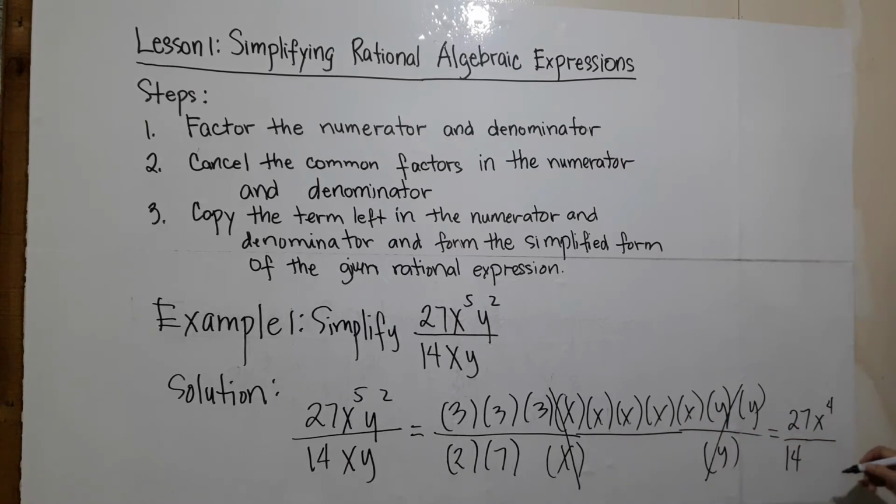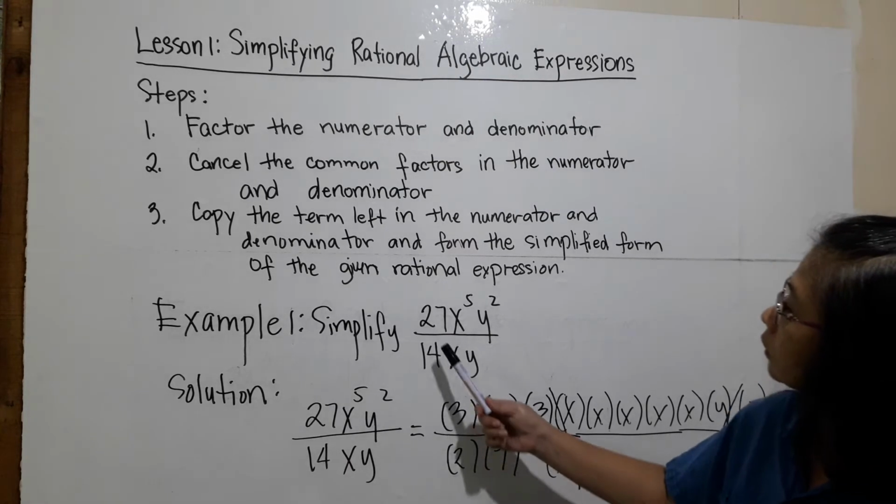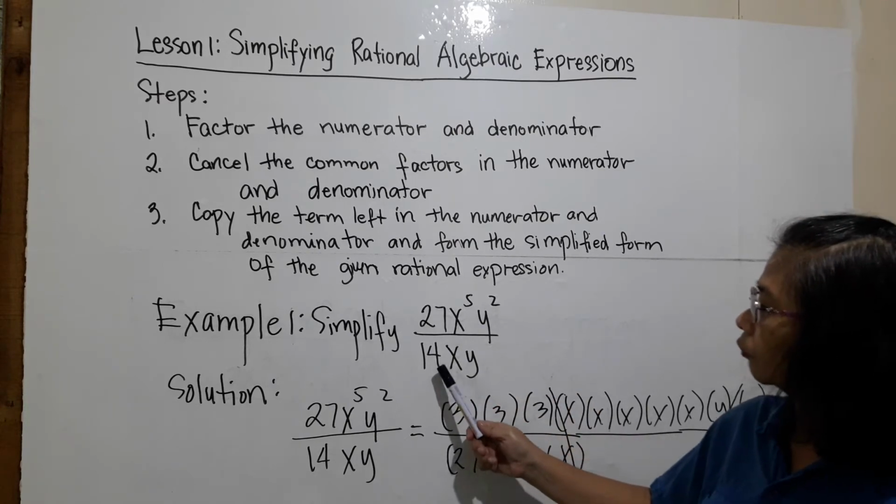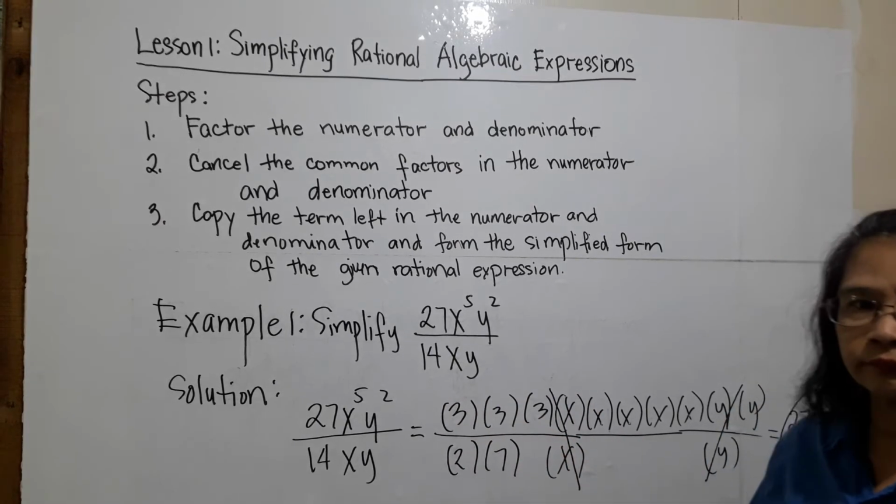So exponent 4. And the y, 1y left. For the denominator, we don't have any variable left. So therefore, this is the simplified form of the rational expression 27x to the 5th y squared over 14xy.